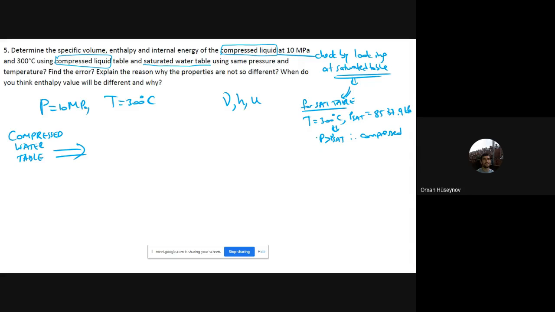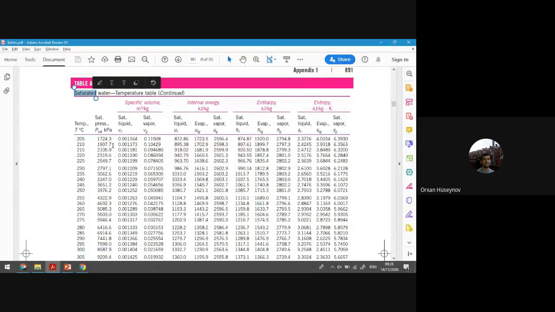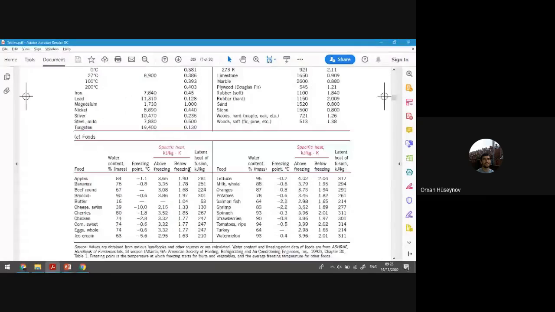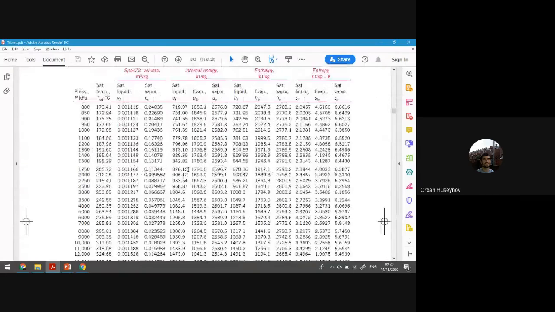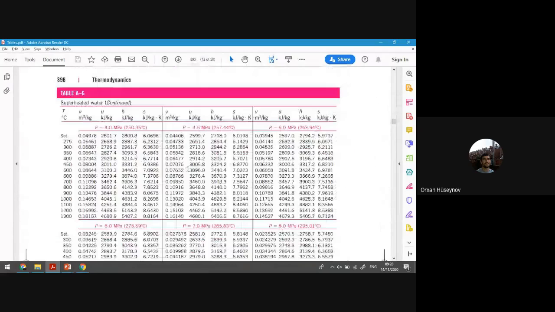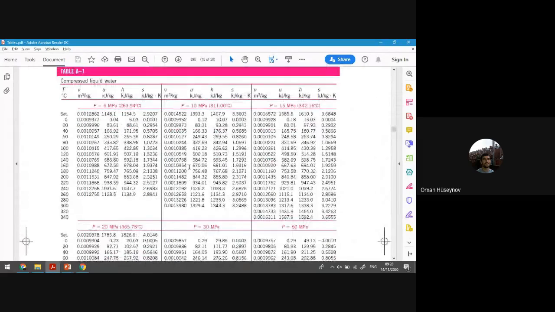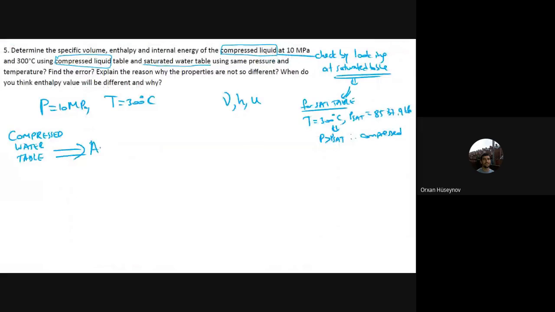Now I should go to the compressed water table. This one was the saturated, so I should move up the tables here. Compressed, superheated. We are in superheated now. Now the compressed liquid table, compressed liquid water, which is A7.